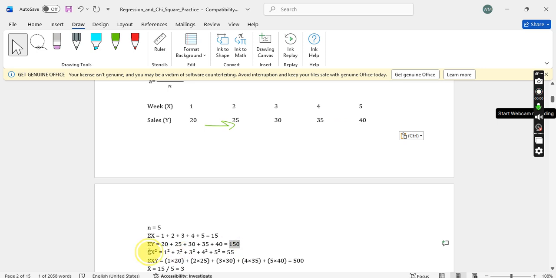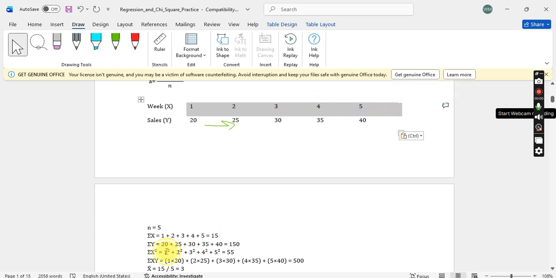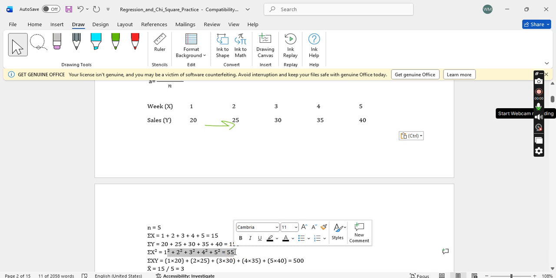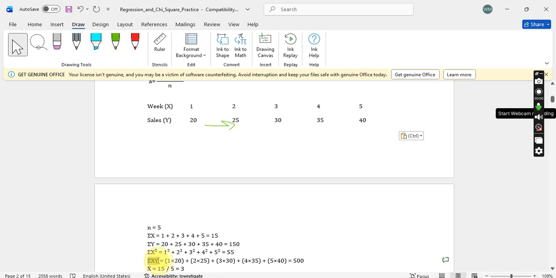Summation of x squared. We're squaring each of these: 1 squared plus 2 squared plus 3 squared plus 4 squared plus 5 squared, which is here. You get 55. Then summation of xy, meaning you're multiplying each week by the cells.